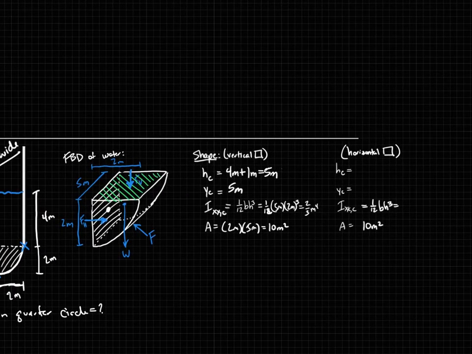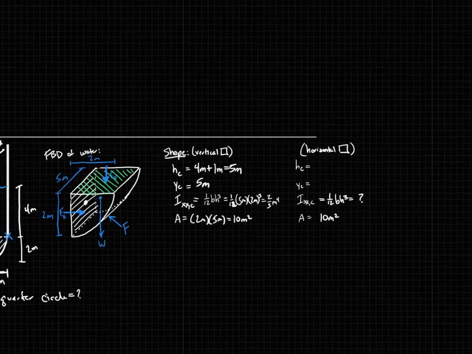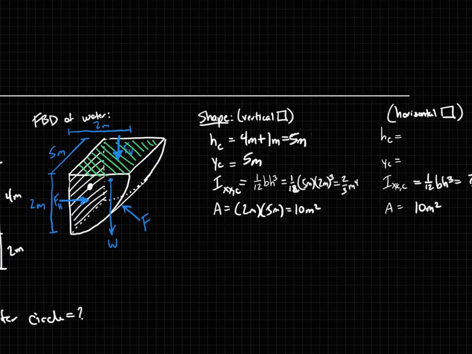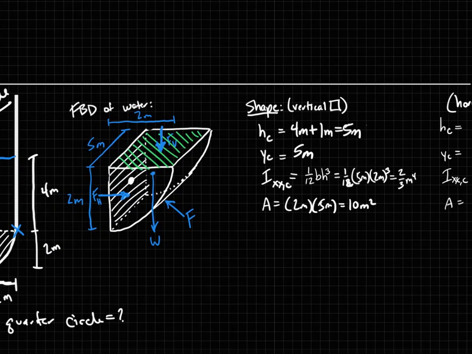Which one of those is the base and which is the height on a rectangle that's flat? Problematic. All right, HC. Where's the centroid of that rectangle? It's right in the middle, halfway in the width and halfway in the length.